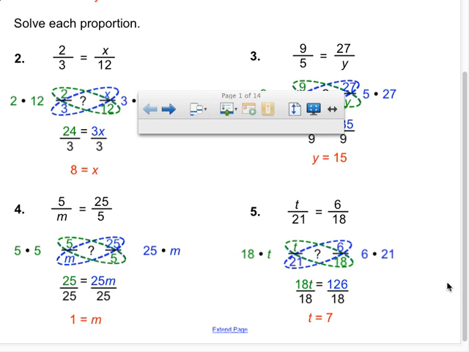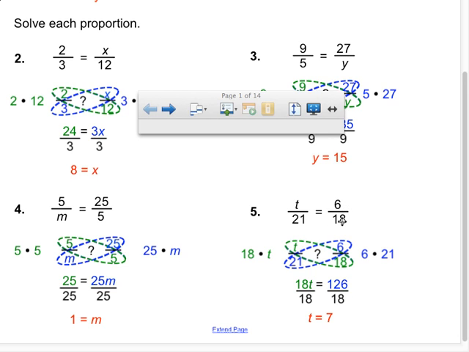All right. So it wasn't obvious what my factor was. So cross product method was the way to go here. Do you have a question, Timothy? You had a different way? Okay, share with us your way. So I divided 18 by 6 equals 3.